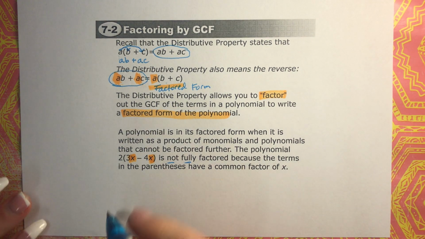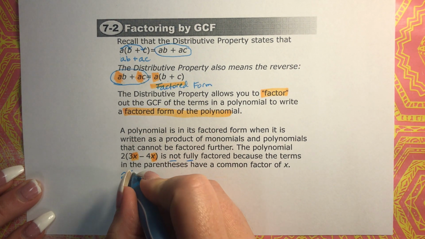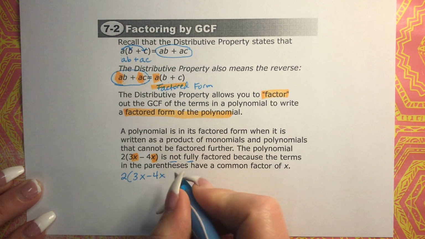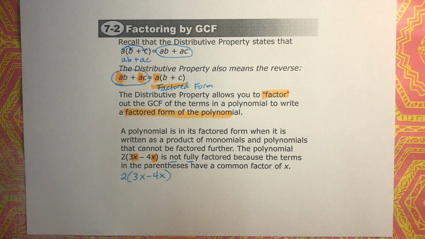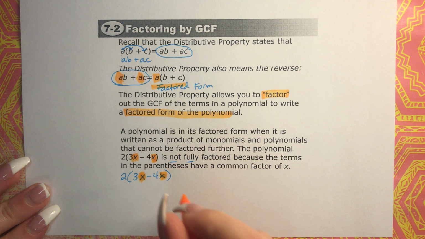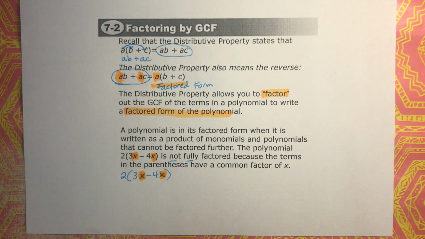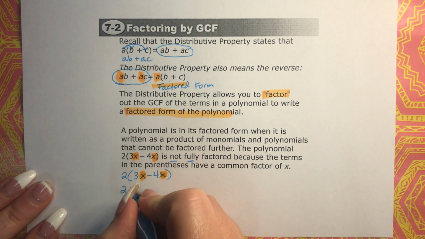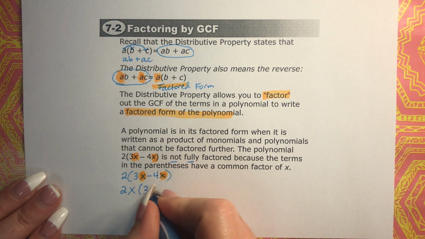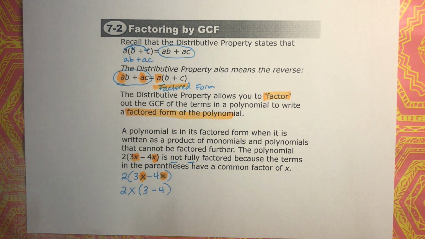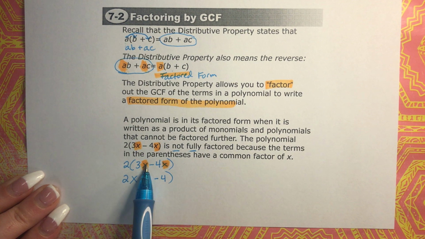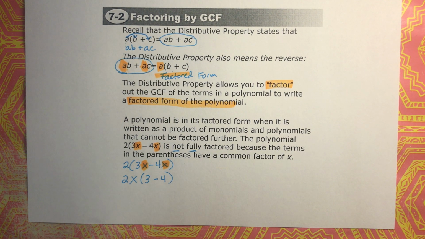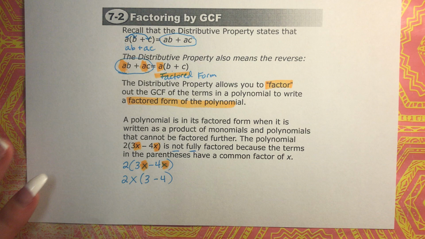So we can factor out that x, and it would be 2x times the quantity 3 minus 4, and that would be the factored form, taking that commonality out. Does everybody see that?